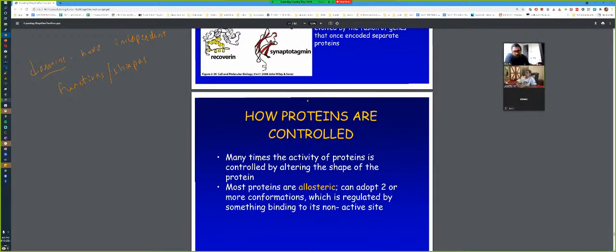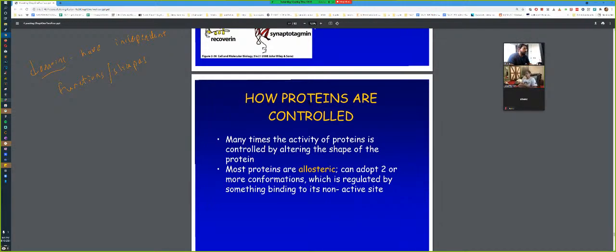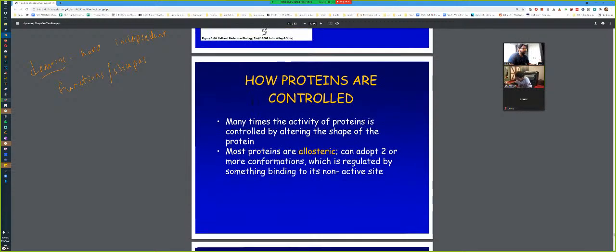Now, how proteins are controlled is essentially by altering the shape of the protein. We call it allosteric, which means that it can change shapes, and that's regulated by maybe something can bind to it or something can't, right?